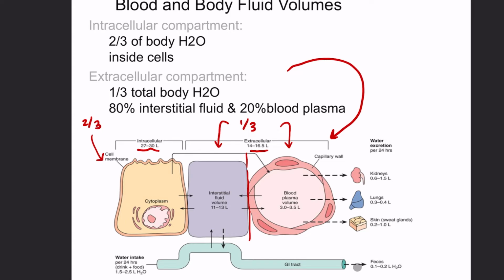But of those two fluids, most of it is in our interstitial fluid, whereas only 1/5 of all extracellular fluid is within our blood plasma. These can be regulated or changed via water intake. And so down here it shows the GI tract increasing interstitial fluid, but it can also decrease interstitial fluid by excretion of waste.